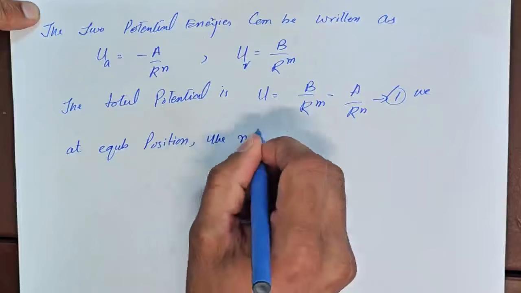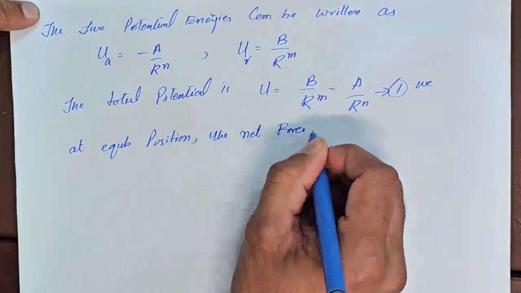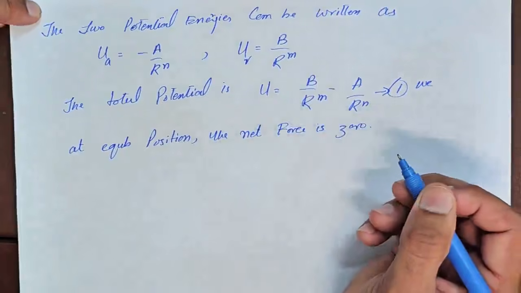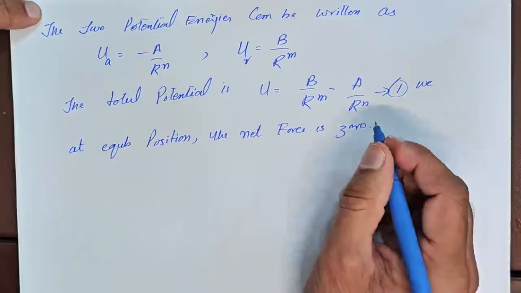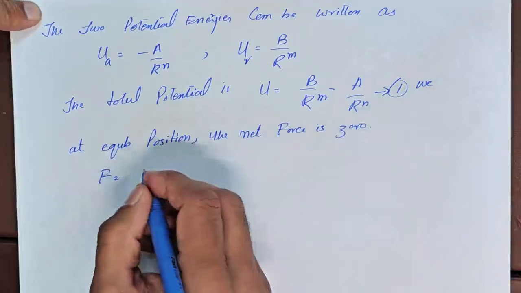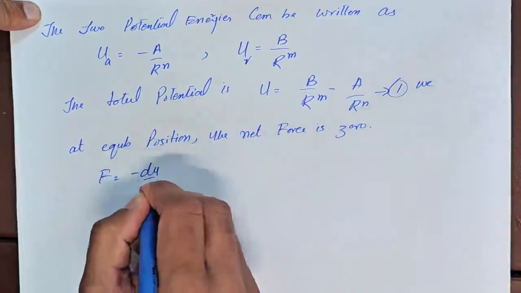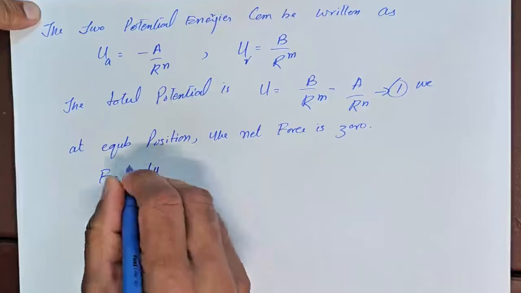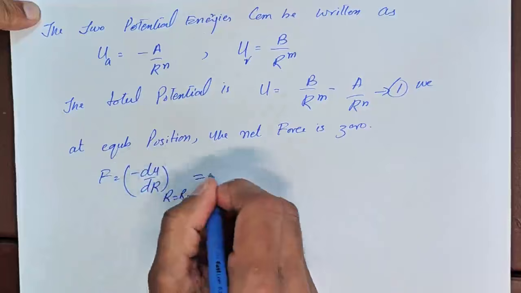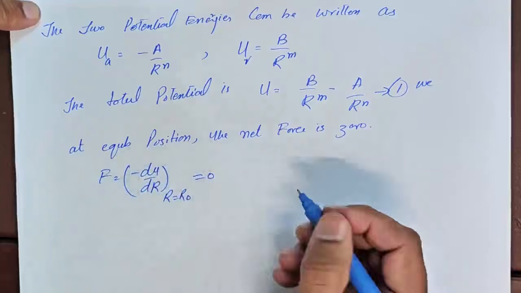At equilibrium position, the net force is 0 because the repulsive and the attractive potential will balance each other. We can write the force as minus dU divided by dr when r is equal to r naught, and this will be equal to 0.